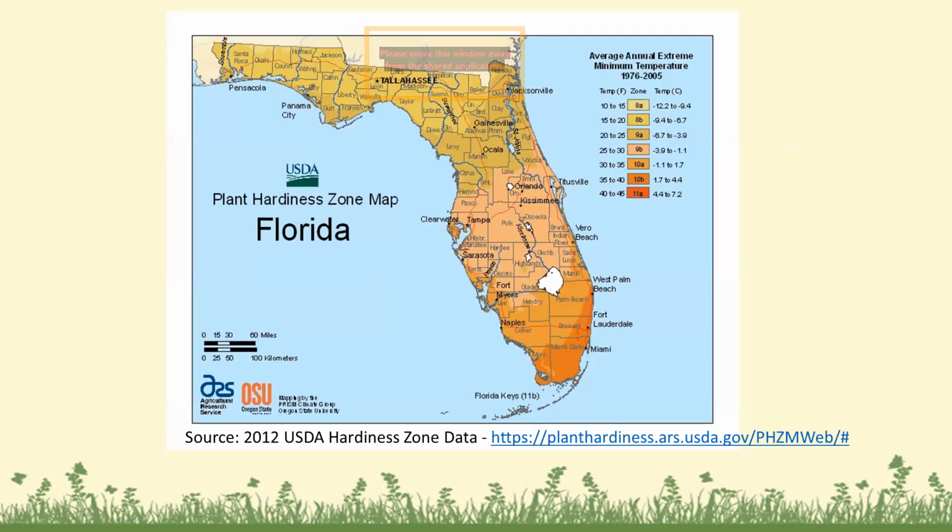And so here's our USDA hardiness zone map. This was created in 2012. You'll see that we're pretty high up on the upper end of 9B. But this map hasn't been updated since 2012. I think I've heard that they get updated every 10 years. There's a good chance that it's going to be moving up next time they update it.